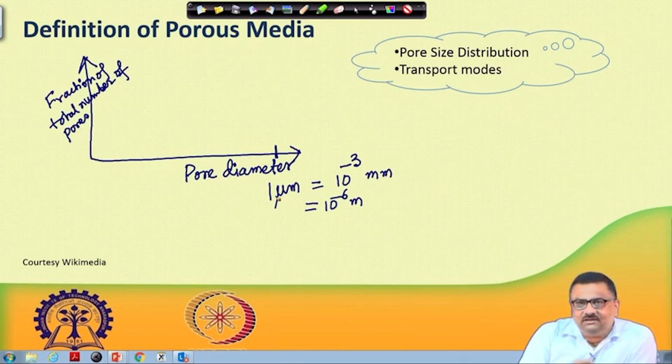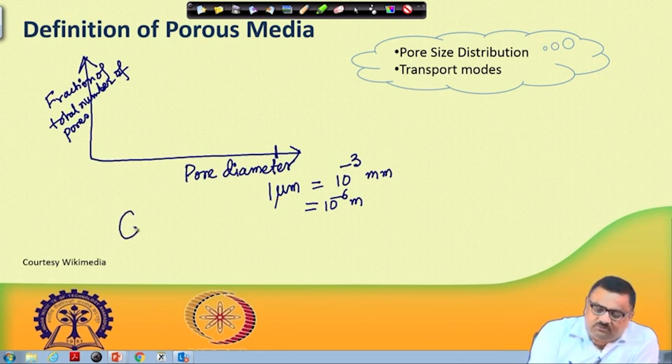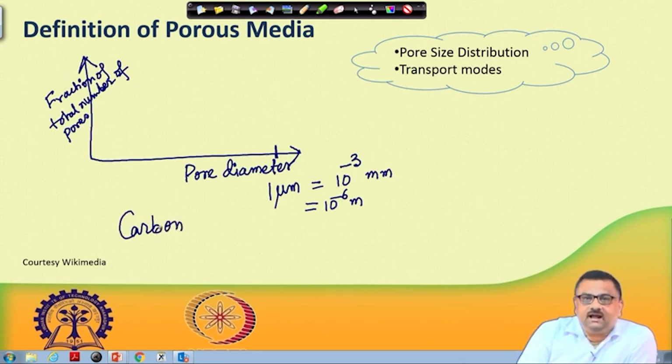There the pore diameter or pore width, pore opening, is to the tune of 1 micrometer or even larger. Whereas, there are porous media which have much smaller pores. For example, this carbon material, they are highly porous.